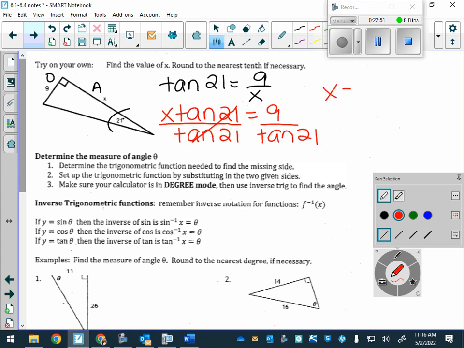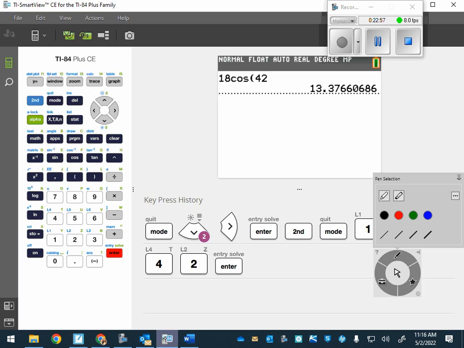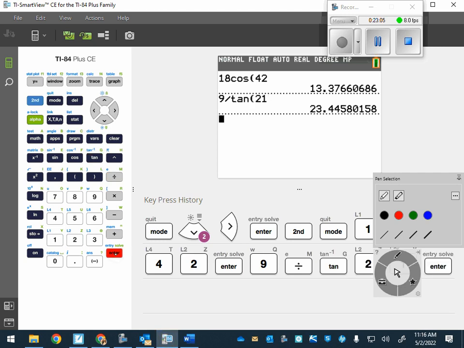This again is where we go in our calculator. We want to make sure we're in degrees, which we already are. 9 divided by tangent of 21.